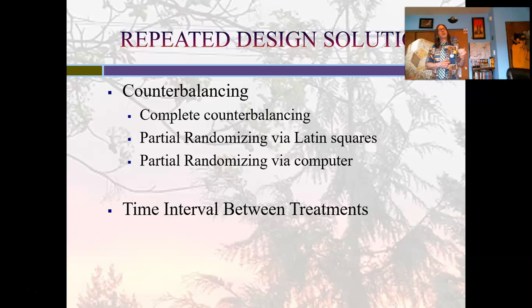You can look at order there. Maybe you can look at first and last presentations. It's not as easy to look at order effects because you don't have complete counterbalancing, but computers are the way we almost always do it now. And the other option is just time, to let the effect, whatever fatigue, practice, or contrast effect, just dissipate by giving a little time.